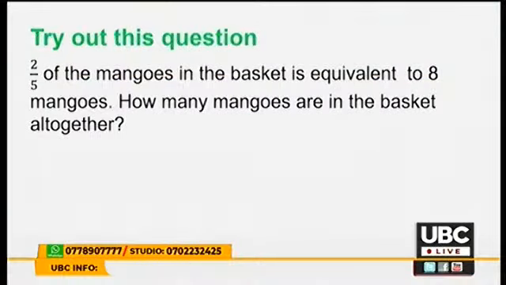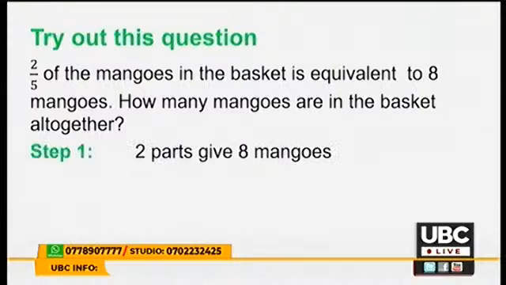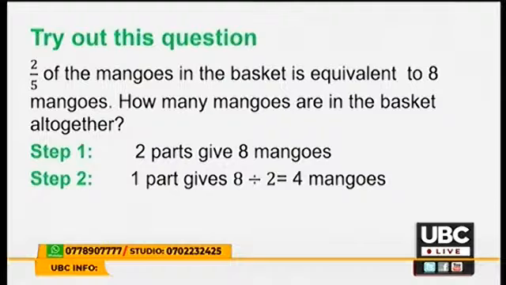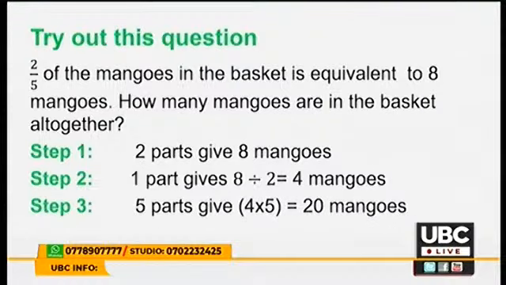So let's look at the steps that we shall carry out. Step 1, we shall indicate that the 2 parts give 8 mangoes. Then step 2, 1 part will give you 8 mangoes divided by 2, like we have done on our sheet of paper. And we shall get 4 mangoes for every part. And step 3, we are going to multiply 5 parts by 4.